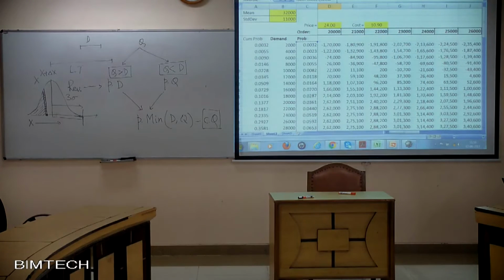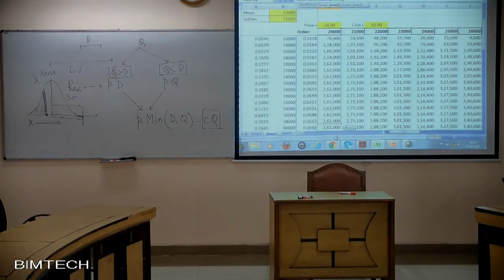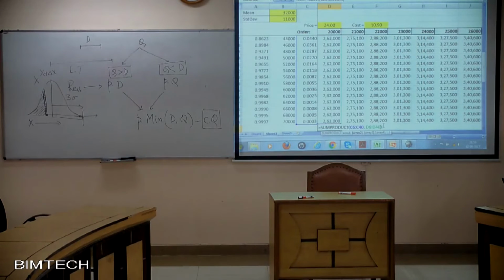Okay, and then I choose the profit column under 20,000. So there we are. I close the bracket. Now there you can see at the bottom our formula that we are using.